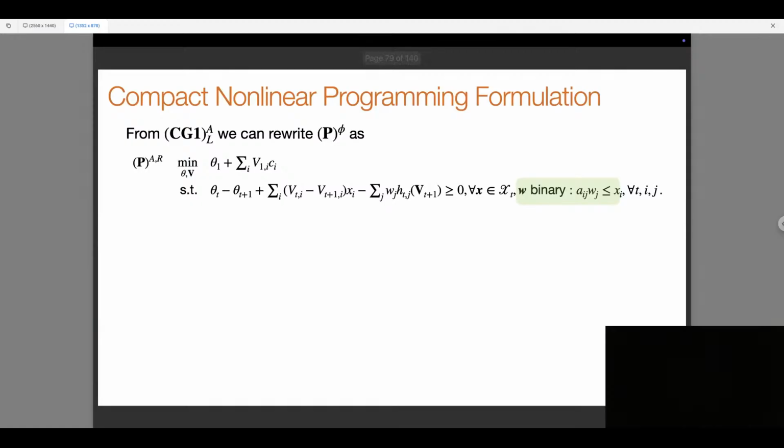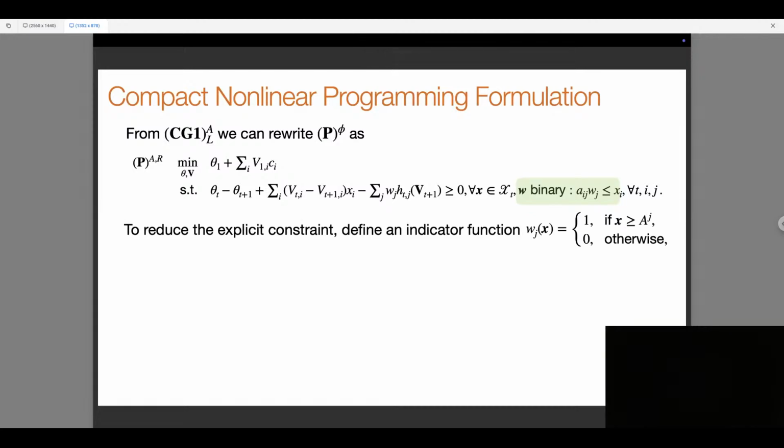Here we have some explicit constraint that is quite difficult for us to input this problem into the commercial solver.